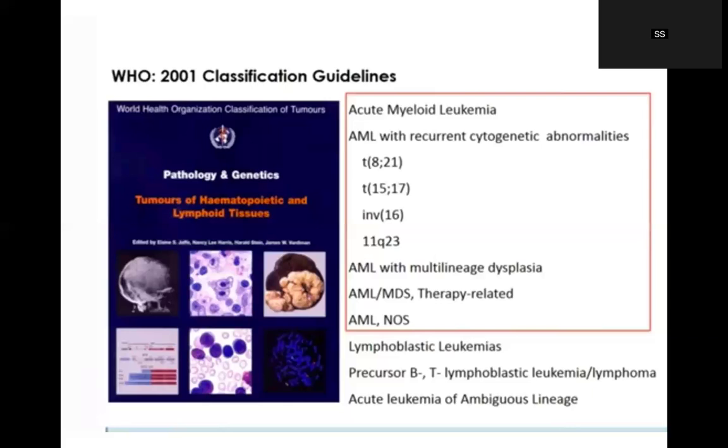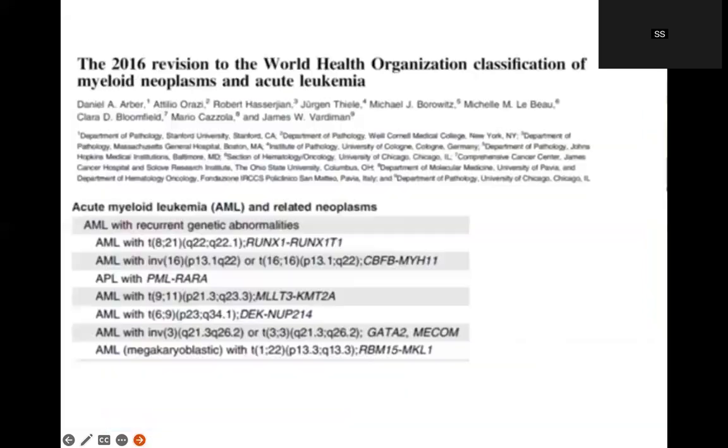Next slide. To know the patient has AML, we should go from history and lab values, peripheral blood smear blast count, bone marrow aspiration blast count, and bone marrow biopsy to assess the stroma and other lineage dysplasias.